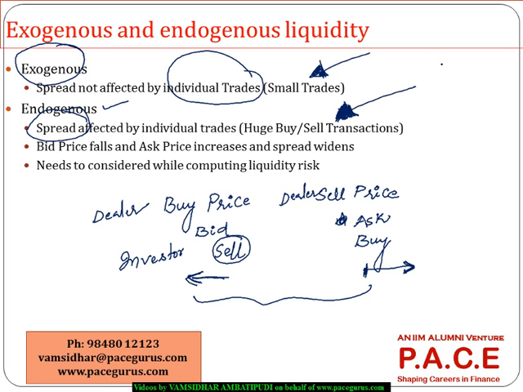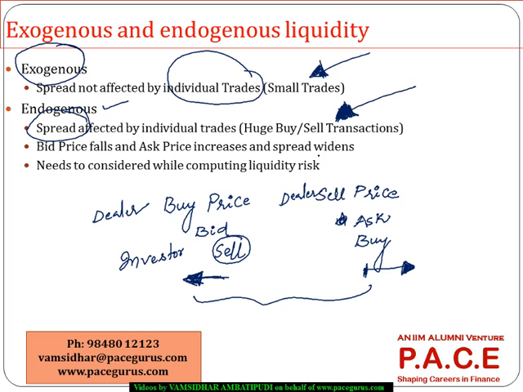So that is where, if one large trader, because of the buy or sell position he is creating, is able to dominate or influence the price, which in turn is impacting the spread, that is what we call endogenous spread. In that case, the bid price will fall, meaning the price at which I want to sell will come down, and the ask price will actually increase.